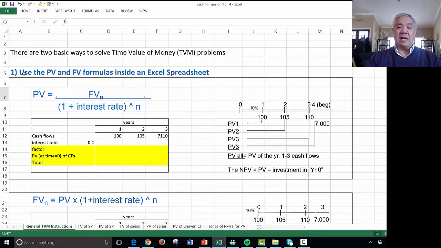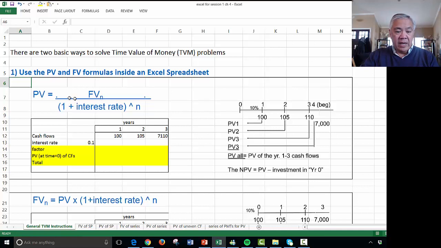The second is that Excel has some very powerful functions where you don't have to do quite as much work to do the mathematical equivalent of doing these tables. And depending on the scenario, we'll use one or the other approach. As we use the tabs, I'll illustrate how to do those, and sometimes I'll actually show both. All right, so let's jump into some examples.